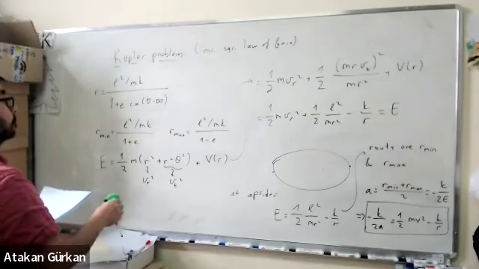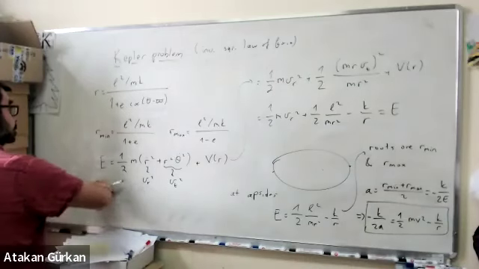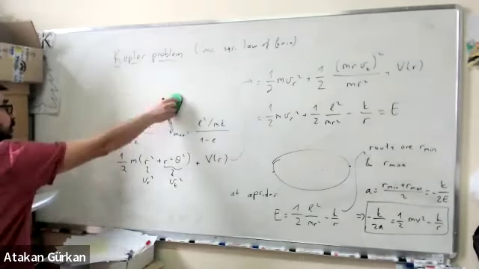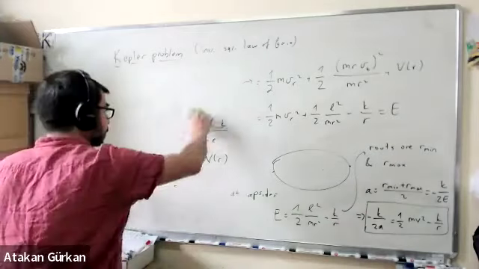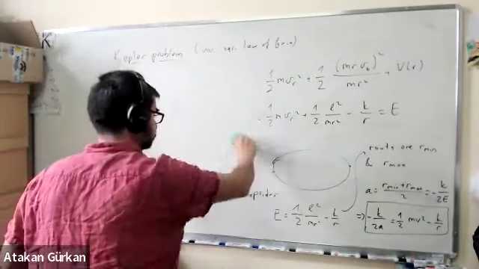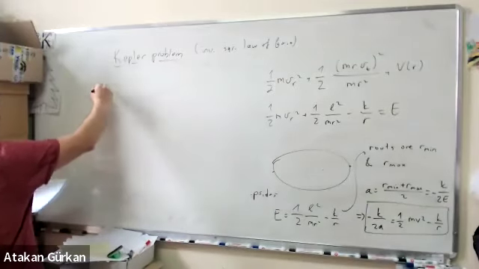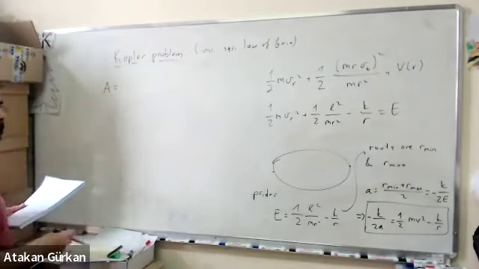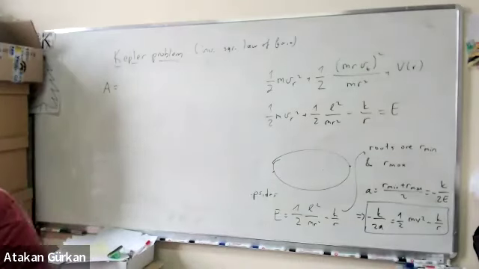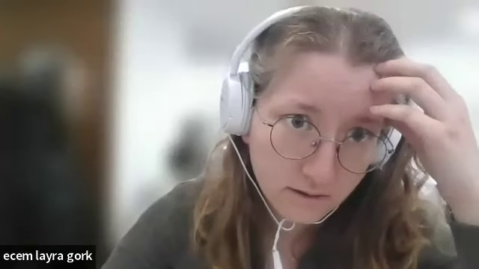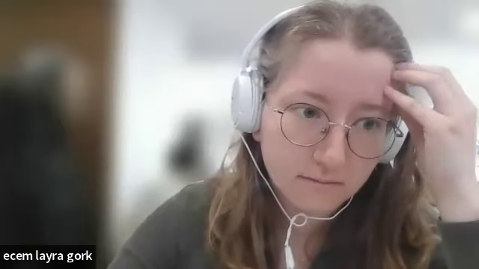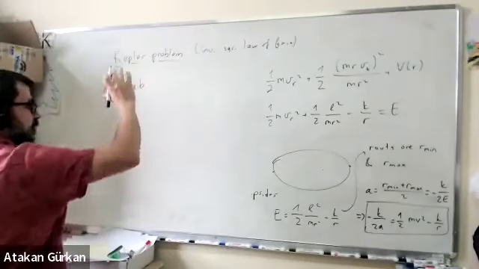Now we have, let's erase this. The area of the ellipse. Do you know the formula for the area of the ellipse? You can almost guess. Pi a b? Yeah, it's pi a b. Because an ellipse is nothing but a compressed circle.